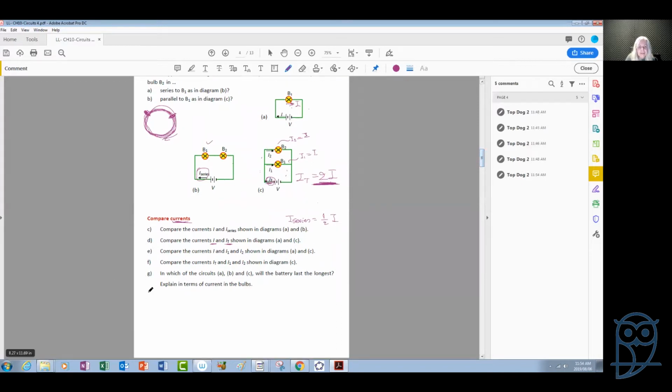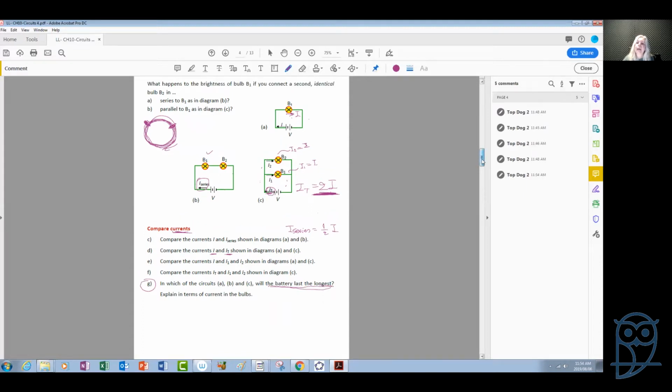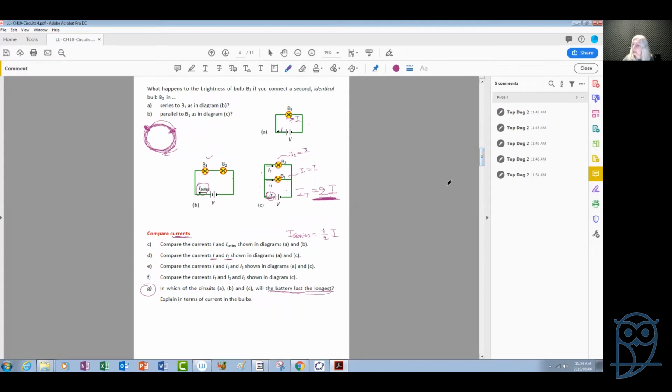Oh, let's do this question. The last one is a nice question. Look at this now. In which of the circuits, A, B, and C, will the battery last the longest? That's a very nice question, actually. How can we explain this with the currents?